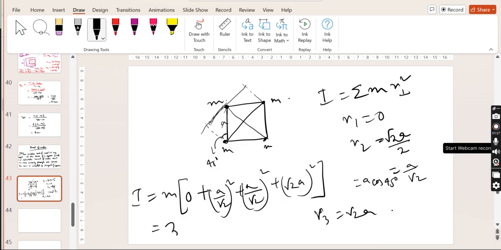So this will be 3 m A square. It will have units of mass into length squared, but we are not given any unit in the question.